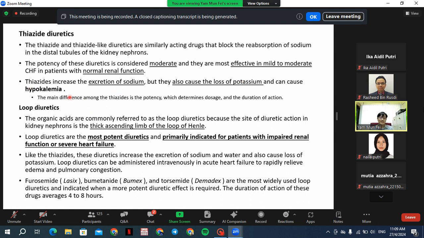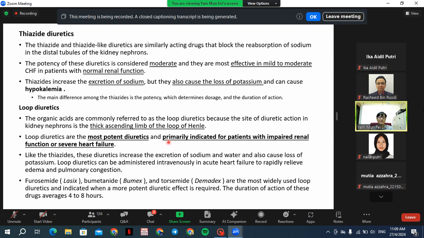So loop diuretic is suitable for impaired renal function with chronic heart failure conditions. Impaired renal function means that your renal is not functioning normally, and severe heart failure patients.